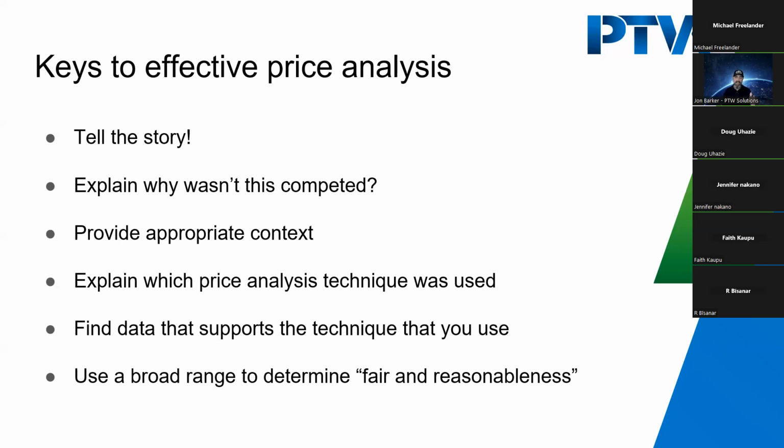So we would take the 10th percentile and the 90th percentile of the salaries, burden that up with whatever kind of NAICS code we were looking at. And then we would say, okay, well, the fair and reasonableness range is between $110 an hour and $190 an hour. So we're great paying $170 here, right? Again, I think it's important to validate how you came up with your competitive range, but again, find the data that supports that. Again, use that broad range.